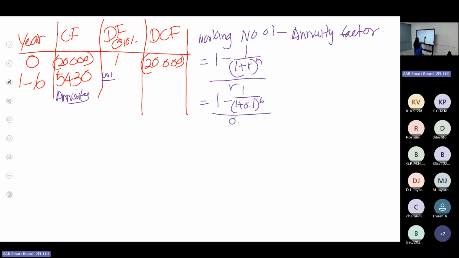So therefore, to the power 6 divided by 0.1. What will be the annuity factor?